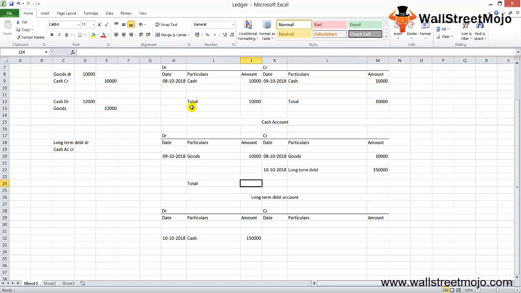The higher has to be taken. So 1,50,000 plus 10,000, that is 1,60,000. So this is the amount of the cash that is going out, and this is the amount of the cash that is coming in. So 1,60,000 minus 10,000 cash, that is the incoming cash. So over here, sorry, this has to be 1,60,000, and there will be a balancing figure here.